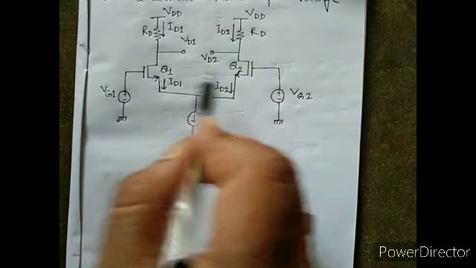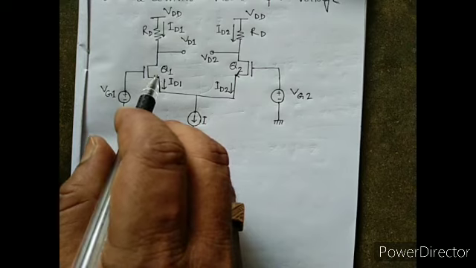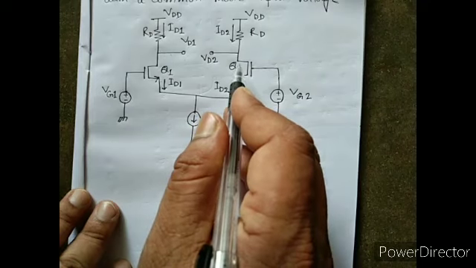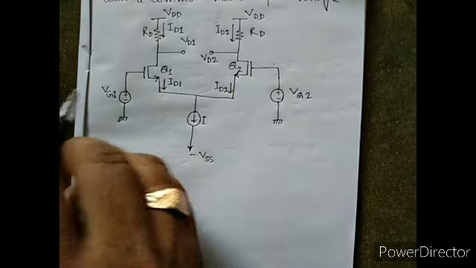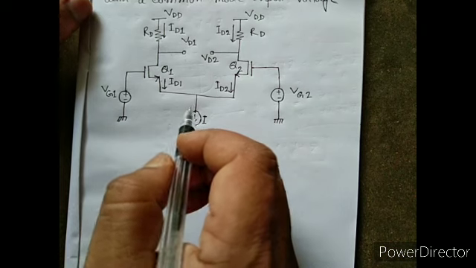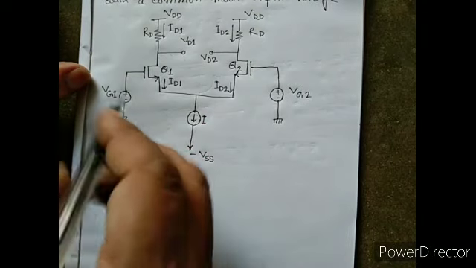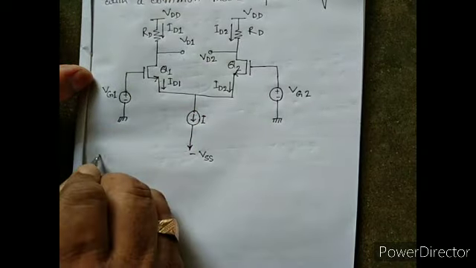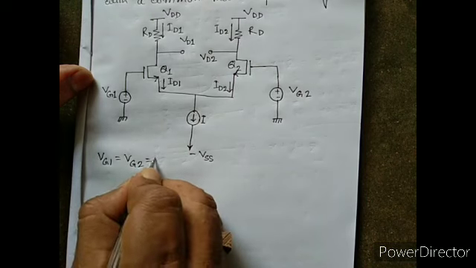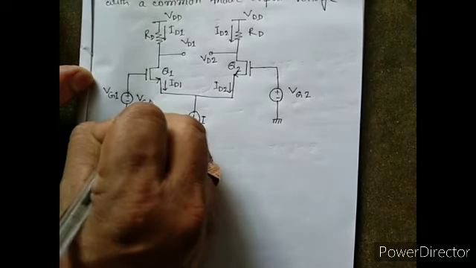Now, as both transistors are matched, assuming both transistors are operating in saturation, when the amplifier inputs are common mode input voltage, Vg1 equals Vg2 equals Vcm, that is the common potential Vcm.